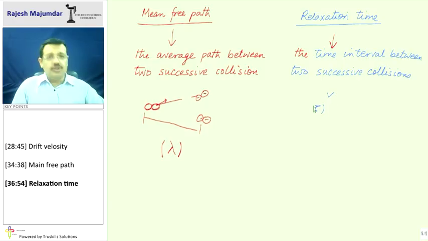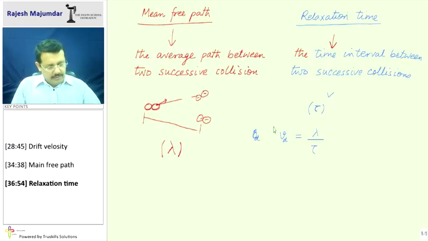This letter you have used before in electrostatics to indicate the torque, but now we are using it for relaxation time. Now you can very well judge that velocity is nothing but distance over time. So the drift velocity Vd will be equal to lambda over tau.